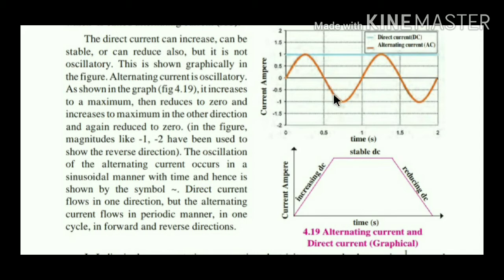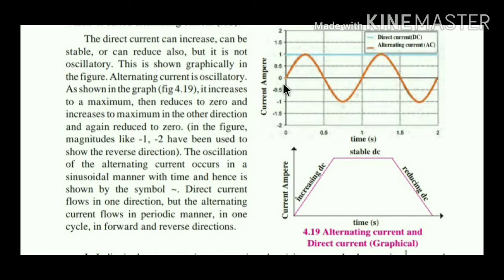Here again it increases to minus 1 in the other direction, hence the sign is minus. Again it reduces to 0. This is the completion of one oscillation. From 0 to maximum, again 0, other direction maximum and again 0. One oscillation is complete here. Magnitudes like -1, -2 have been used to show the reverse direction.